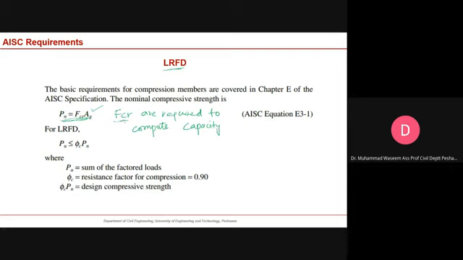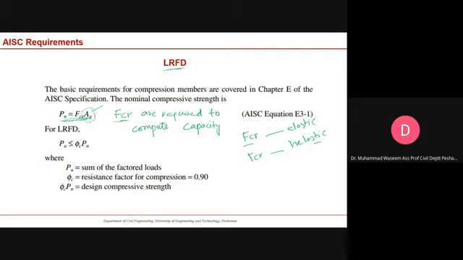Okay, but there are different formulations of critical stresses. In the elastic range the formulation is different, so if the critical stresses are in the elastic range, you have to use a different formulation. You also need the gross cross-sectional area.